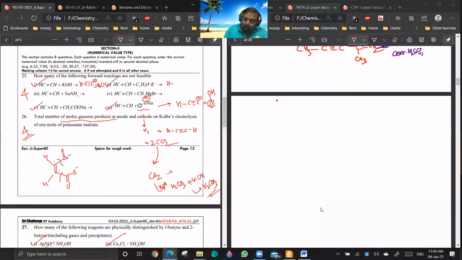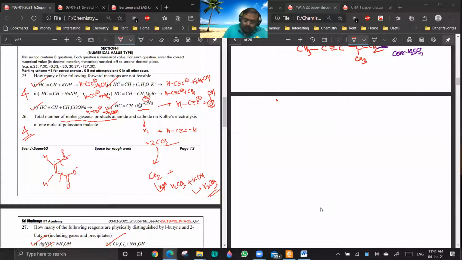Here you can write HC triple bond C minus plus C2H5OH. Here you can write it as HC triple bond C minus plus NH3. Here you can write HC triple bond C minus plus CH4. Here you can write it as HC triple bond C minus plus CH3COOH.